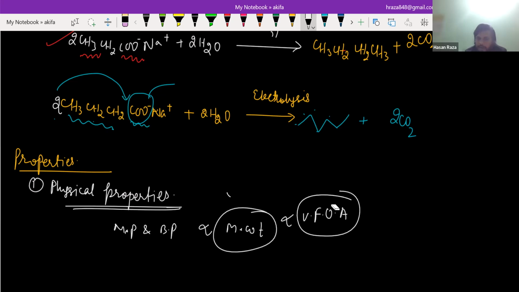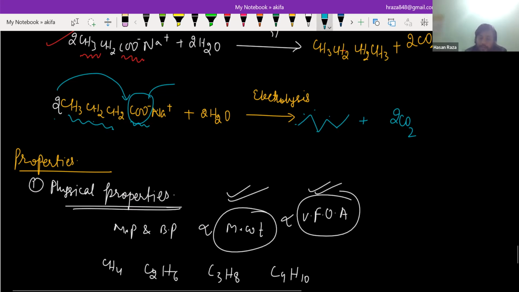If molecular weight is larger, then van der Waals force of attraction will be larger, and boiling point and melting point will be highest. So if you want to arrange in increasing order of boiling point, you can arrange on the basis of surface area or molecular weight. So boiling point will be in this order.